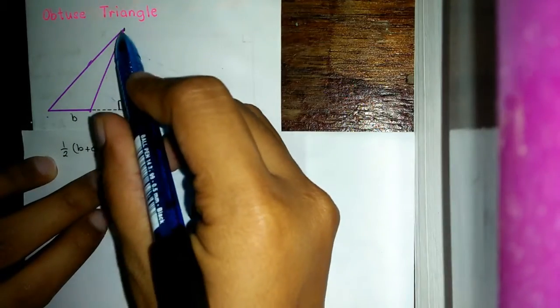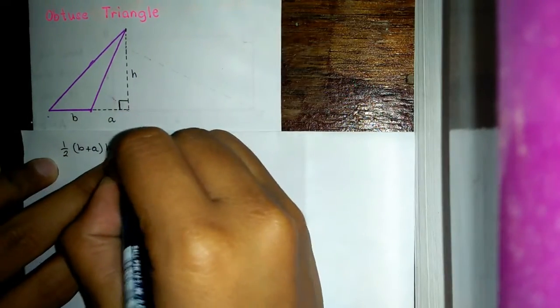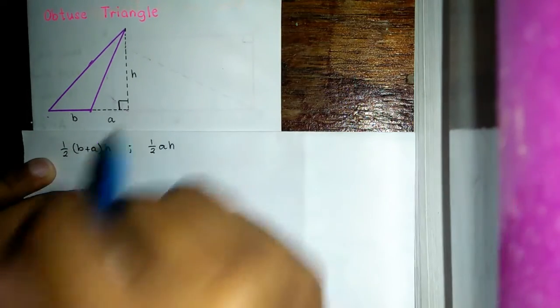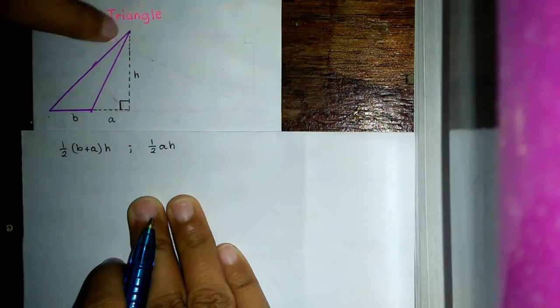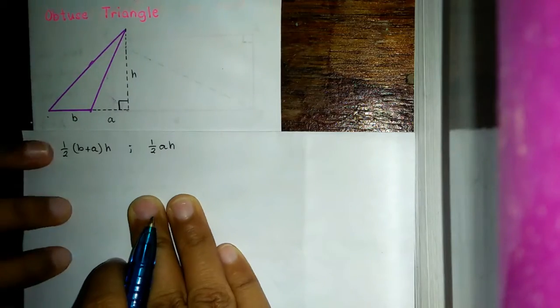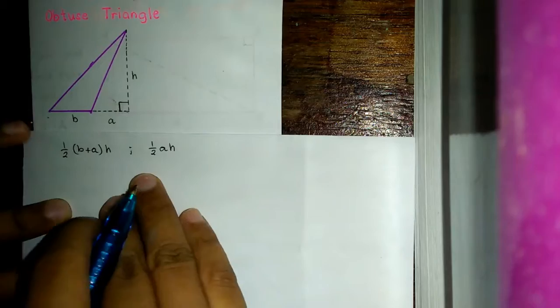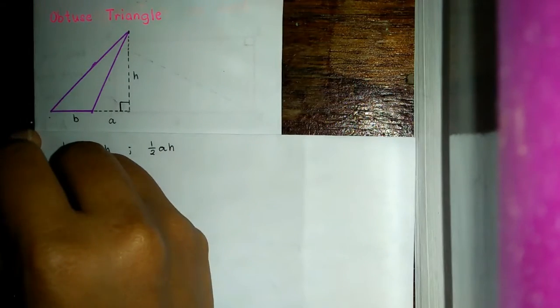And in this triangle is 1/2 a times h. Now to find this triangle, we must subtract from the bigger triangle the area of this. So let's do it.